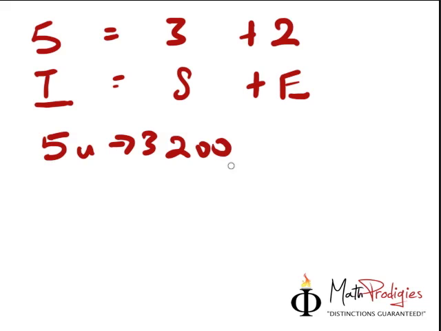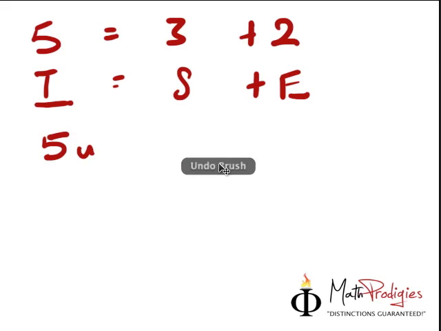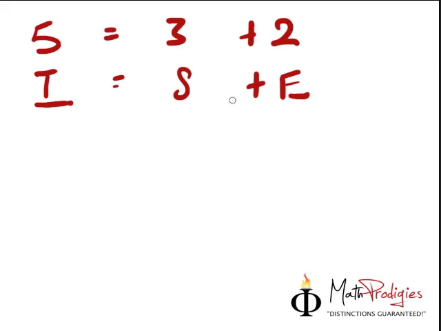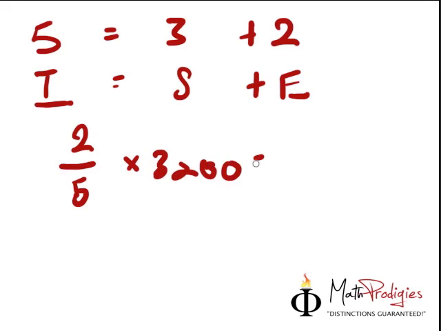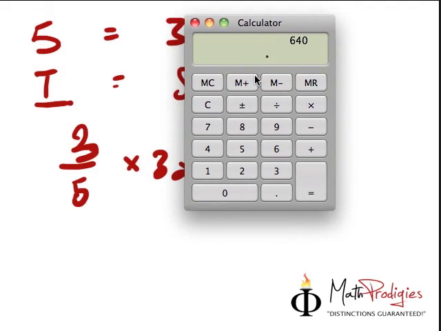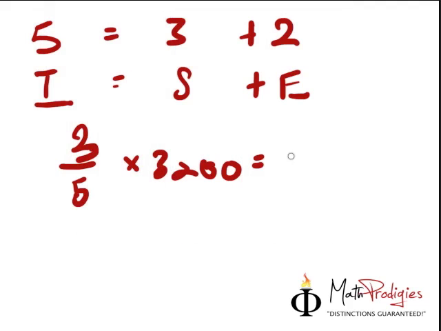You can't do this because you're already in Sec 1, so what you can do is say 3 over 5 times 3,200 will give you the savings. So 3,200 divided by 5, and you times 3, which is 1920.